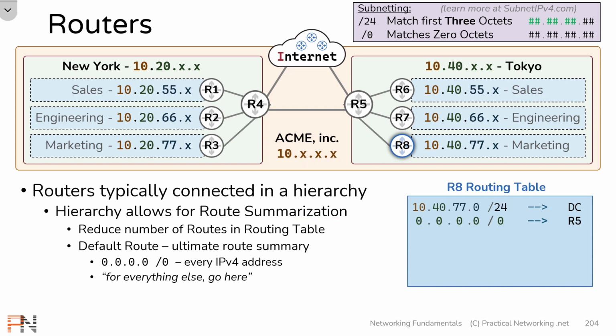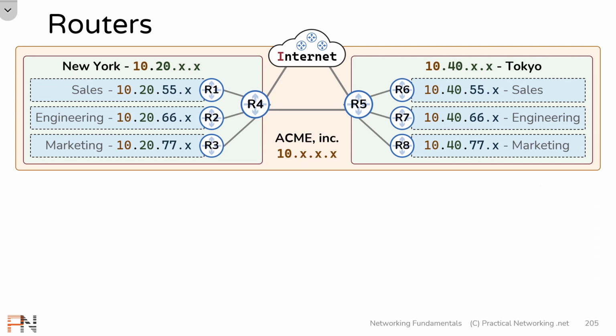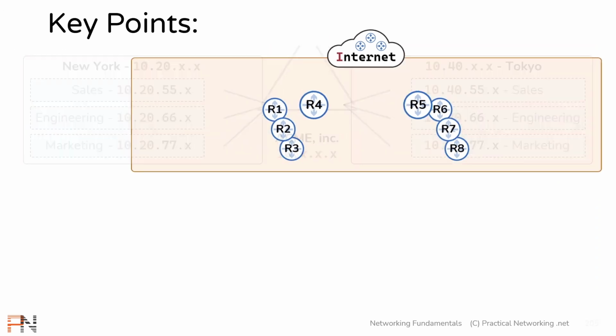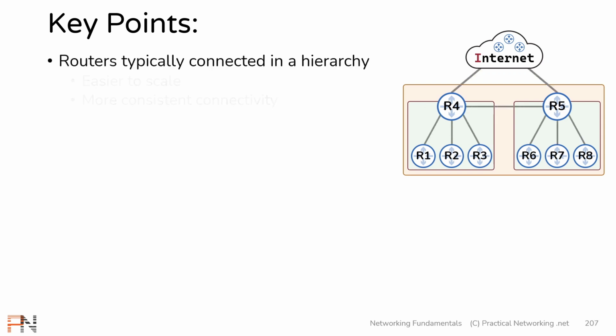And again, route summarization is only possible if you deploy your routers in a hierarchy. And that brings this lesson to a close. The main takeaway from this lesson is that routers are typically deployed in a hierarchy. This makes it easier for topologies to scale and allows for more consistent connectivity experience for the users in the network.